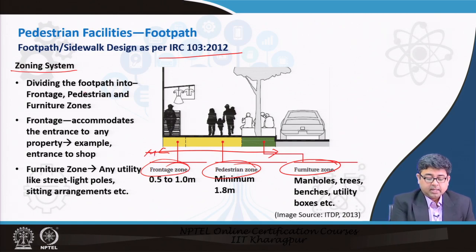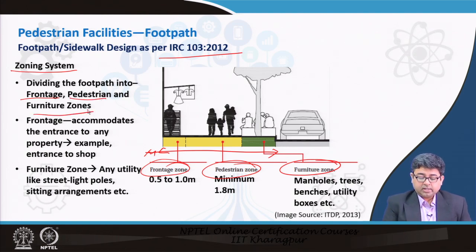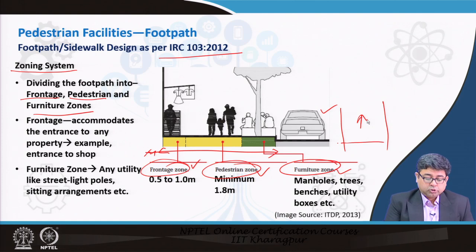This sidewalk is divided into a frontage zone, a pedestrian zone and a furniture zone. So, there are 3 different zones, and then comes the right of way or the carriageway, where you have maybe on street parking and then you have lanes for vehicles to move along.